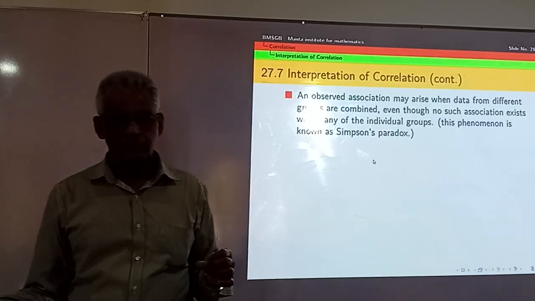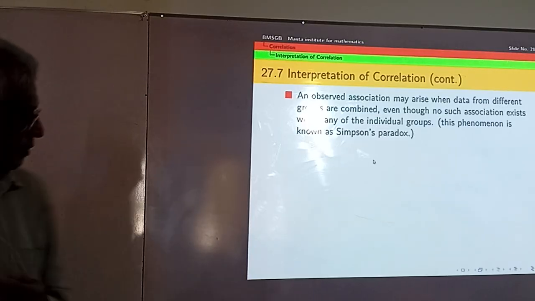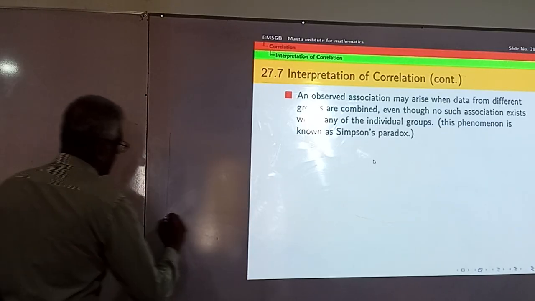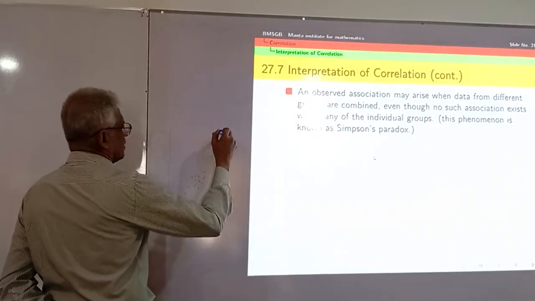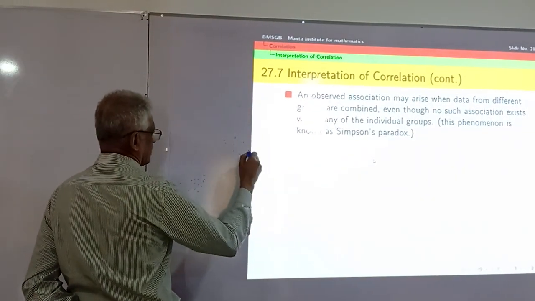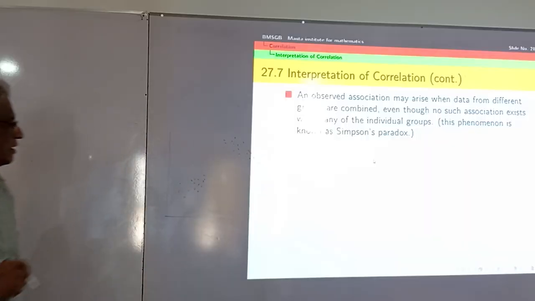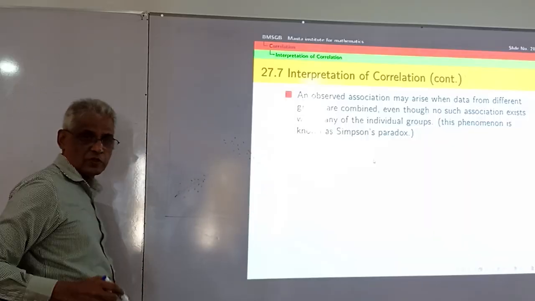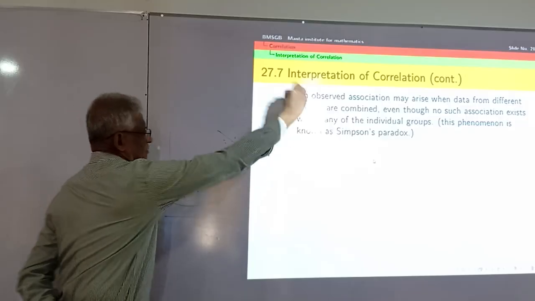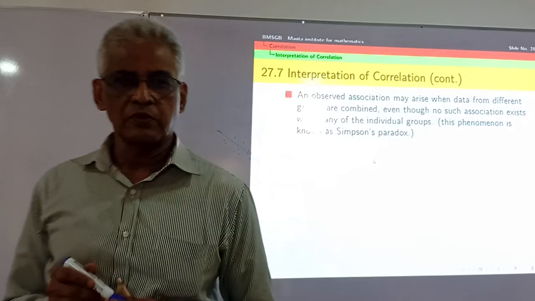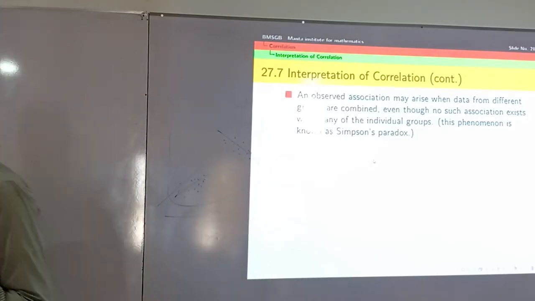That's also possible. For example, if you consider two cases like this, one like this, the other one like this. Within this group there is a positive relationship, within this a negative relationship, but if you put them together, one might think that it is a positive relationship. So that's called Simpson's paradox.